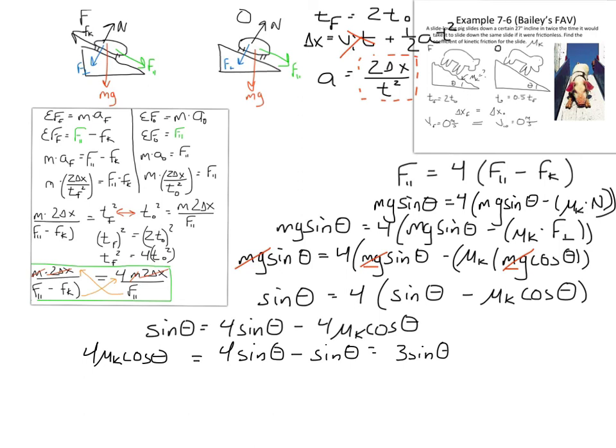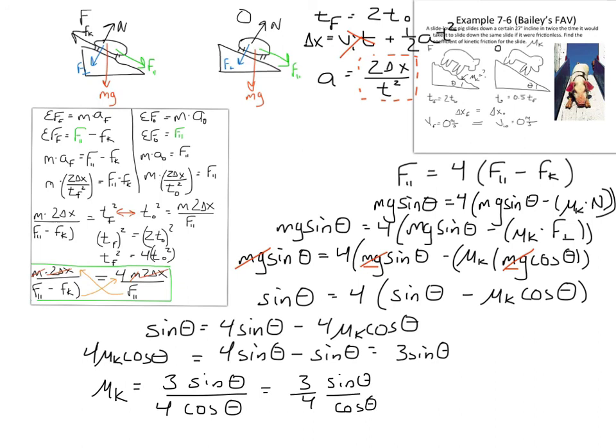Okay, so I want to start getting things away from my mu k right here. So I'm going to divide by 4, bring it down here, and divide by cosine theta. So we can say our mu k equals 3 sine theta over 4 cosine theta, which is really 3/4 sine theta over cosine theta.